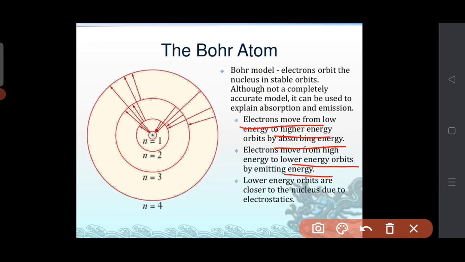Higher to lower by emitting energy, and lower to higher by gaining energy. In this way electrons can rotate around the nucleus.